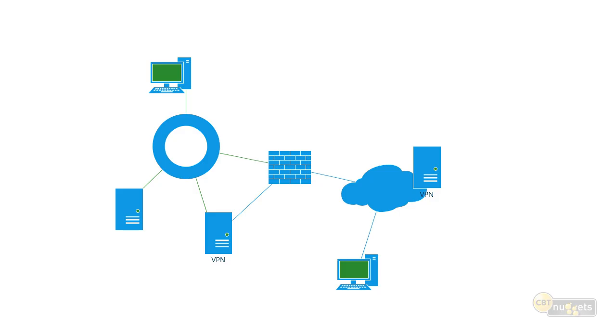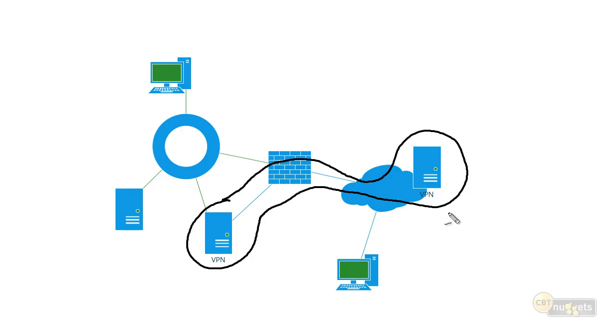Now, when it comes to site-to-site VPNs, that's your VPN server creating a tunnel through a public network to another one of your location's VPN servers, bandwidth is obviously also a concern. And when we get to the nugget on actually implementing this stuff, you'll see that one thing you can do is create filters.